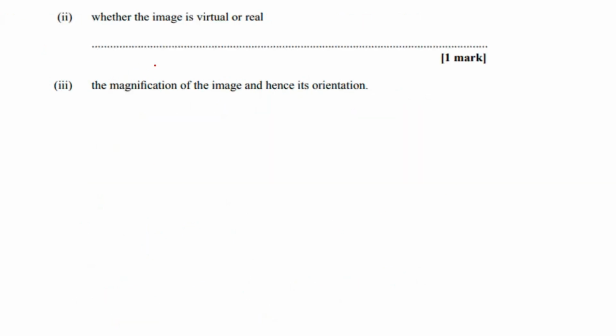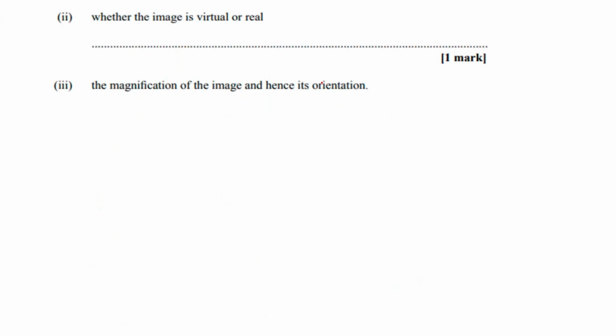Now they ask you whether the image is virtual or real. So remember, you were asking if you're talking about whether it's real or virtual. You can now know that that wouldn't work for the position in that case. And still, we might need to go back and talk about the position again, because based on these questions now, what we were saying around there wouldn't work, because they're asking about the orientation.